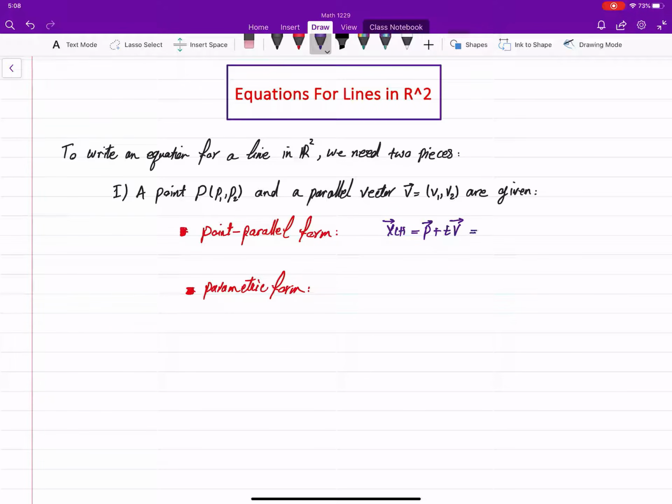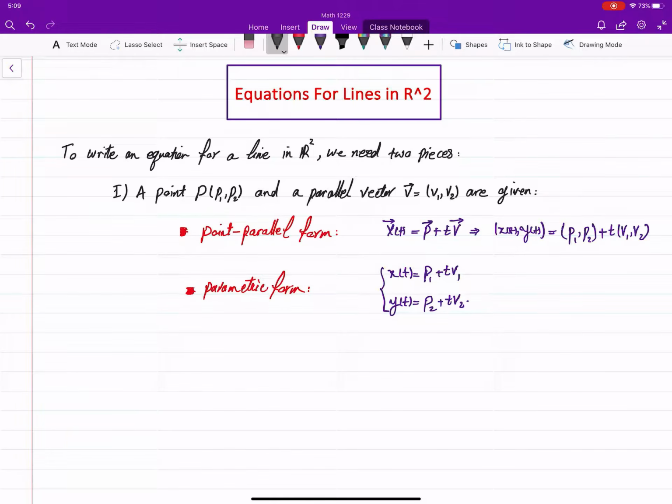It is the same thing, the only difference is that here we have only two components for vectors and two coordinates for the points. And the parametric form is also the same, but this time you have only two coordinates, and so two equations, p1 plus t v1 and p2 plus t v2.